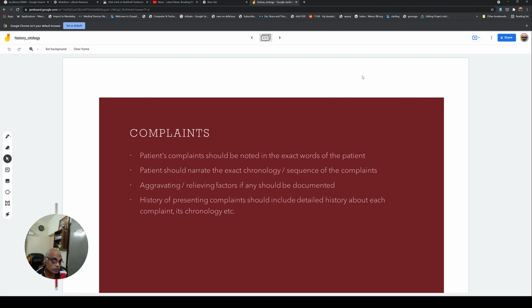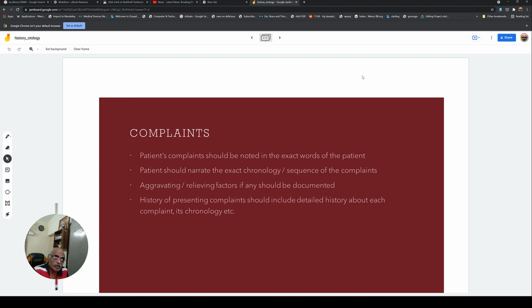And the patient should also be questioned pertaining to various aggravating and relieving factors pertaining to this complaint. And then the history of these detailed complaints should be included, and each and every one of the complaints narrated by the patient should be clearly documented.